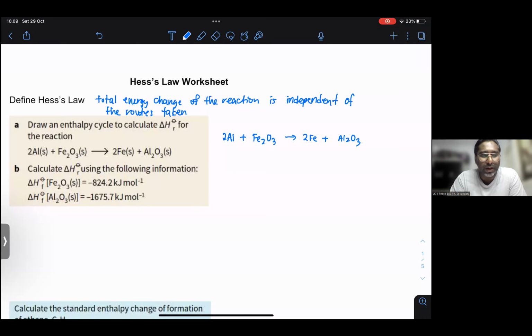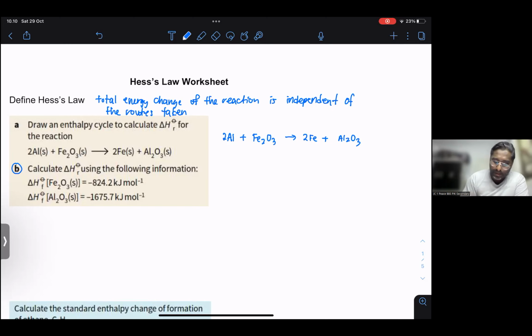So you want to draw an enthalpy cycle. When you are drawing the enthalpy cycle, normally we always refer to the next parts. You can have a look at part B. They have already mentioned something to do with formation. This is actually a hint for you to select how I am going to draw this enthalpy cycle.